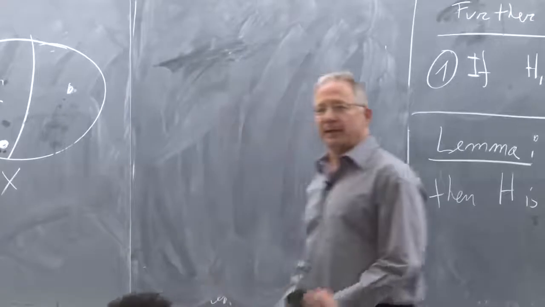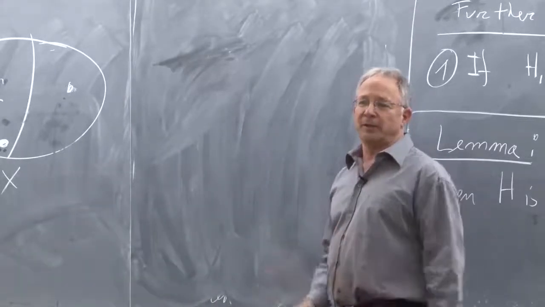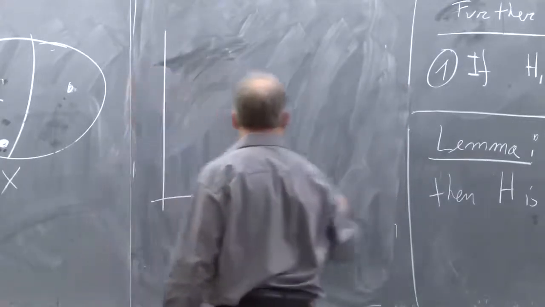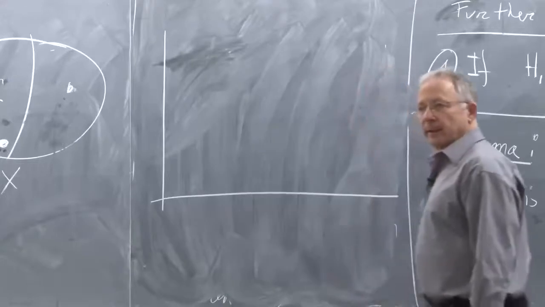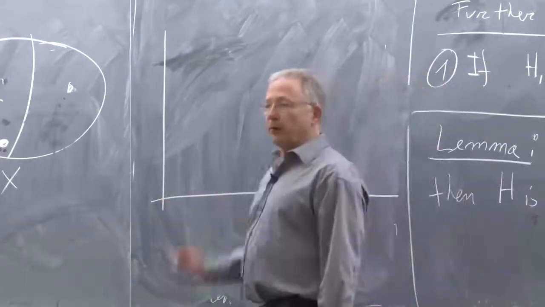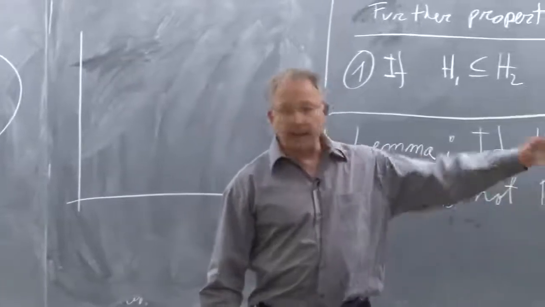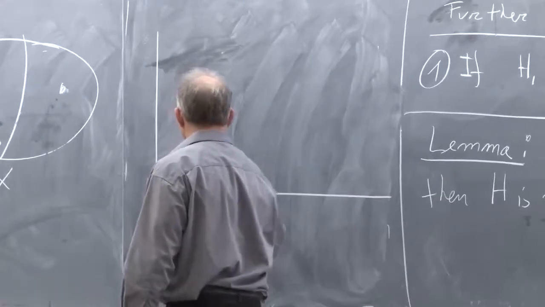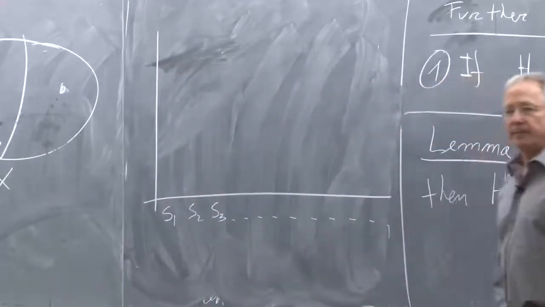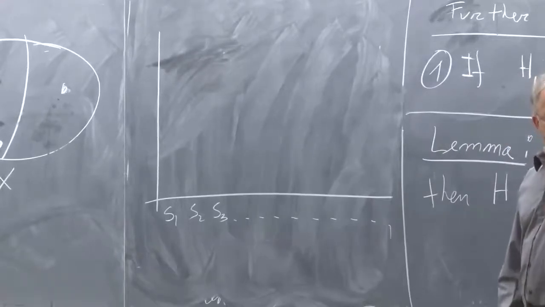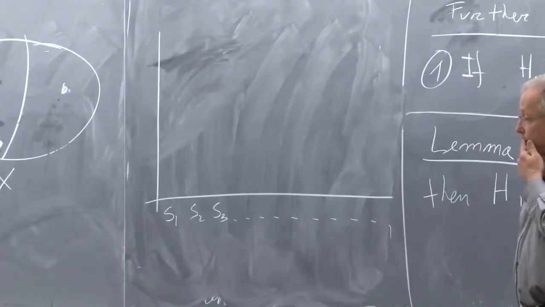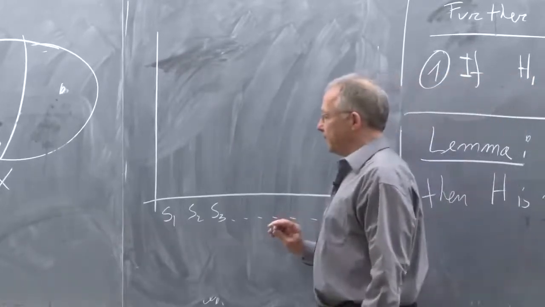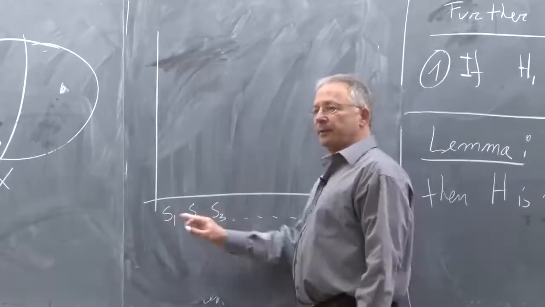So let me give a graphical explanation of what the proof does. We can draw a table. In this table, what I'll have here are all possible samples of size m over 2. So here I'll have S1, S2, S3, all possible samples of size m over 2, with all possible labels.